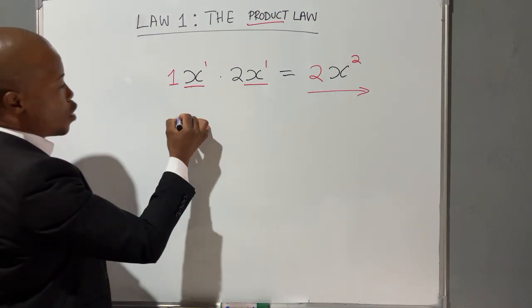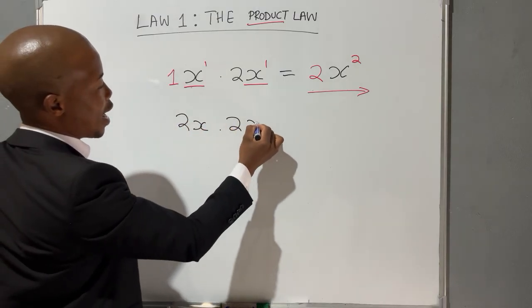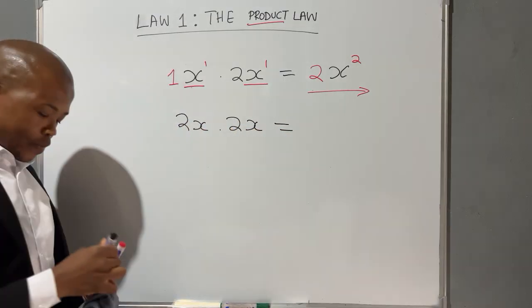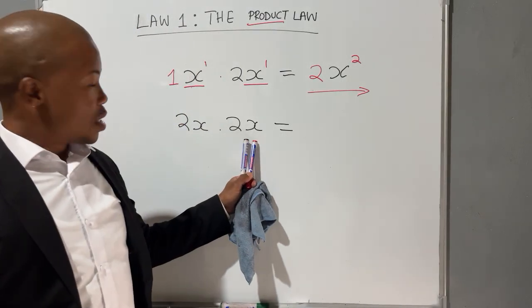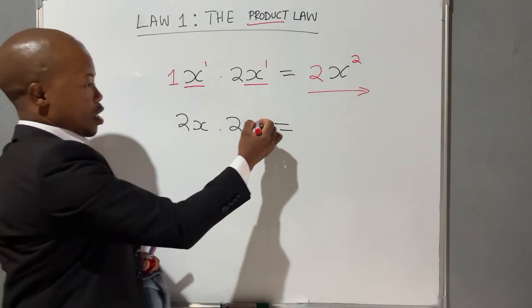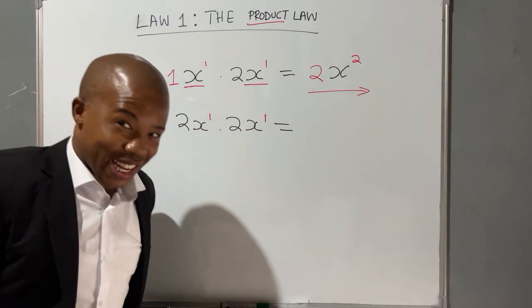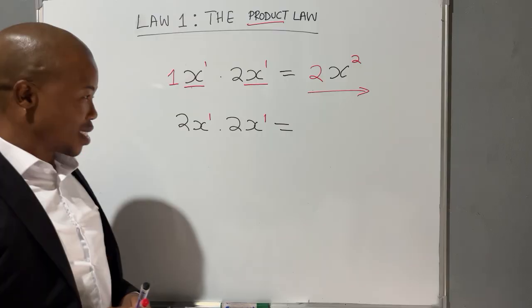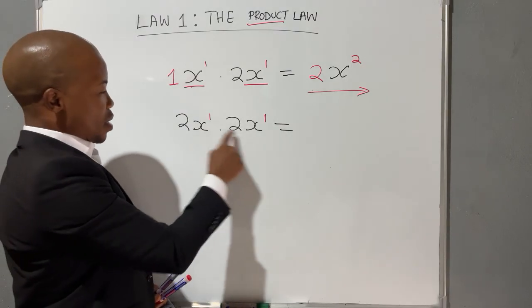Let's say, for example, you have 2x times 2x equals to what? The exponent is 1, and the exponent is 1. Look at the coefficients, these numbers here. The bases are the same, right?